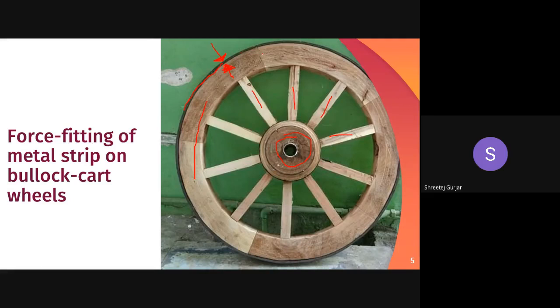So this is also an example of pre-stress. Because of that pre-stress, the wheel can handle larger loads and will not just break when it goes through any holes in the streets or any stones on which it rides.